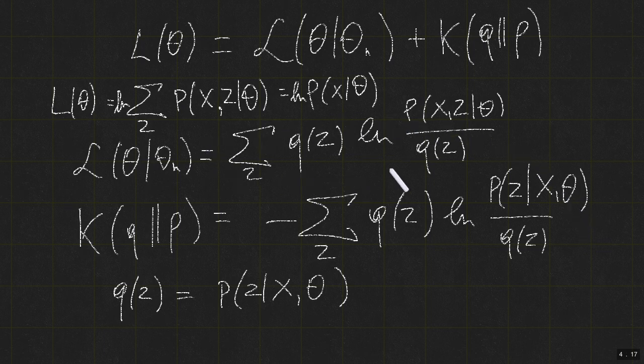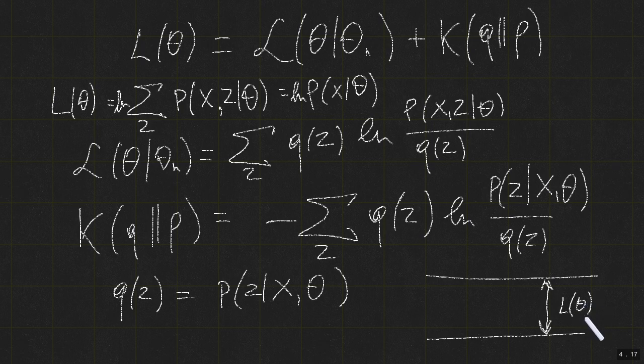But then, typical picture, thanks to Bishop, if this is our log likelihood, then it consists of two components, the lower bound and the KL divergence.